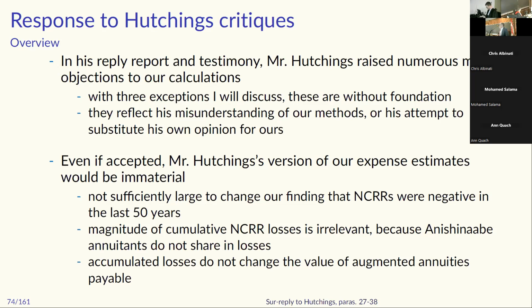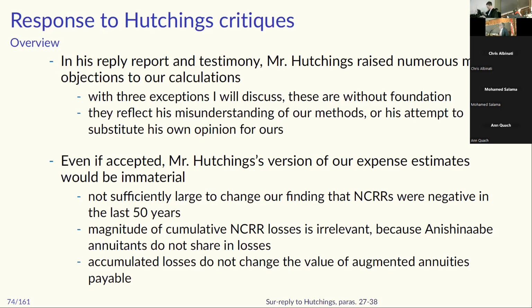So Mr. Hutchings' objections are therefore irrelevant to this question of the value of augmented annuities. Crown might have lost more or less, depending on whether you accept our opinion or Mr. Hutchings at the end of the day, but it wouldn't affect the annuities that we have calculated should have been paid in the augmented amounts according to the Vidal-Anderson approach.